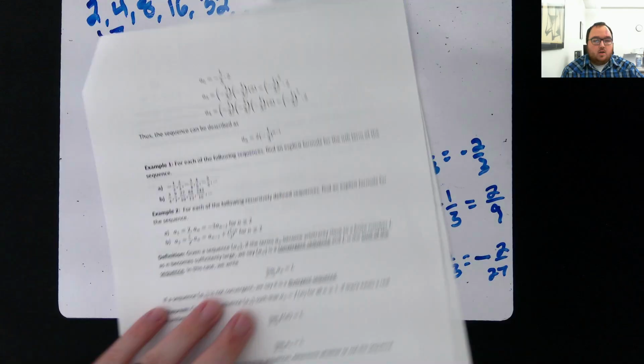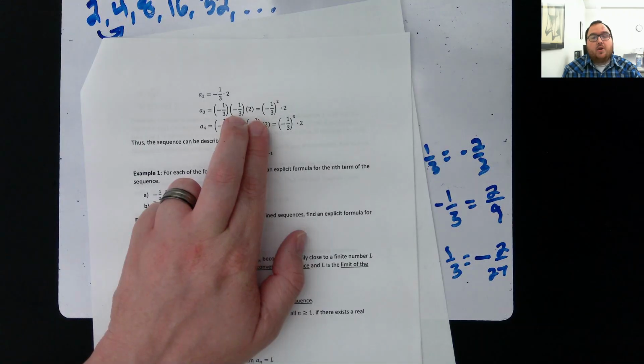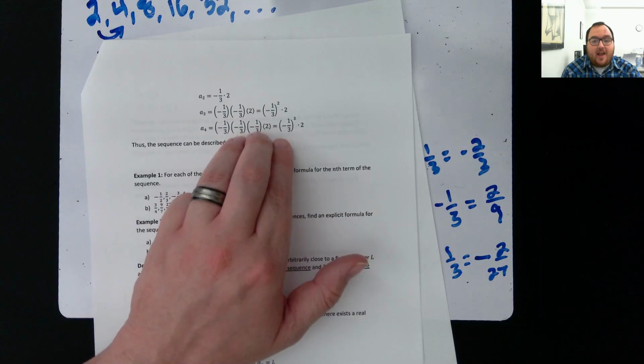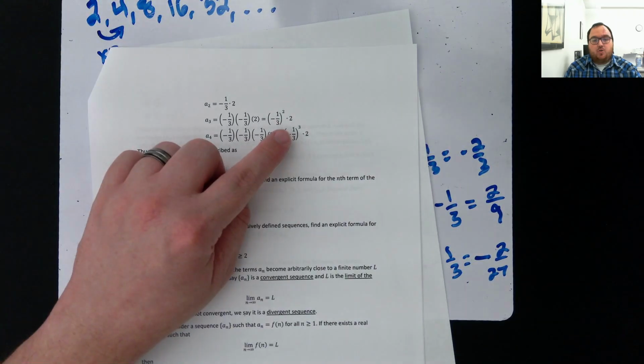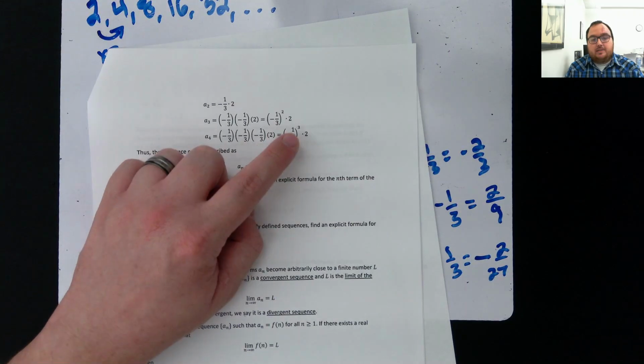To get a3, I would take that and multiply it by another negative 1/3. To get a4, I would take what I just got and multiply it by another one. So a3 is negative 1/3 squared times 2. a4 is negative 1/3 to the third times 2. And then it would go on and on and on.